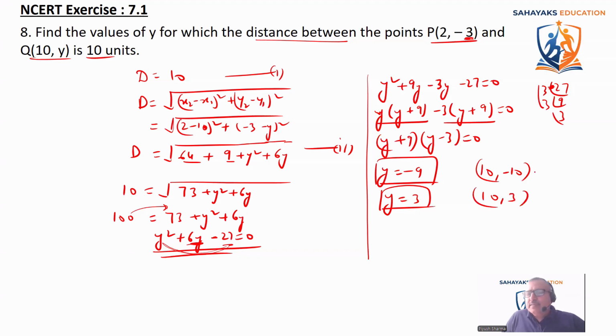So these 2 points are at a distance of 10 units from point P. So this point Q, or Q1 or Q2, these 2 points are 10 units distance from point P. So this is not one answer. There are 2 answers to it. So the questions can throw a googly at you, but you have to answer it correctly.